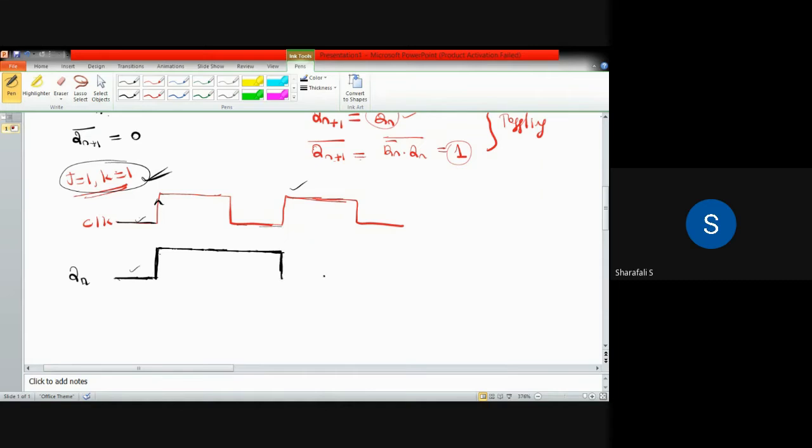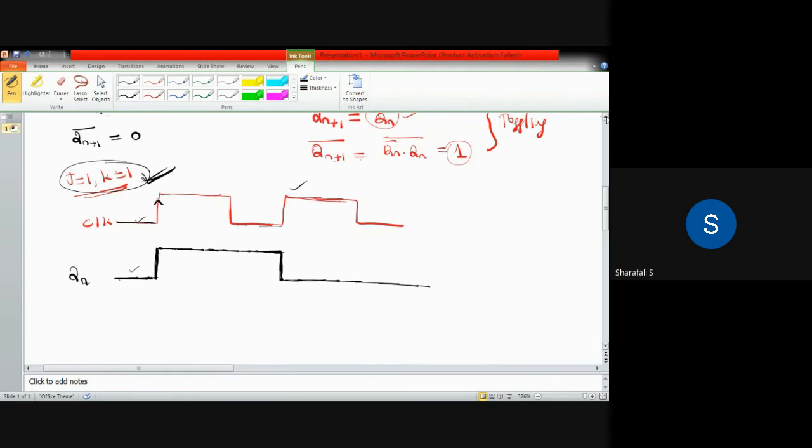So 1 to 0, 0 to 1. The output will be like this under the toggling condition. So this is the output under the condition J equal to 1, K equal to 1.